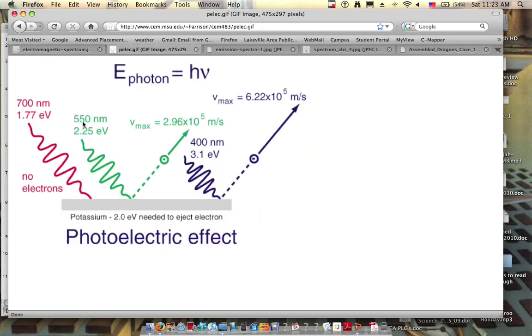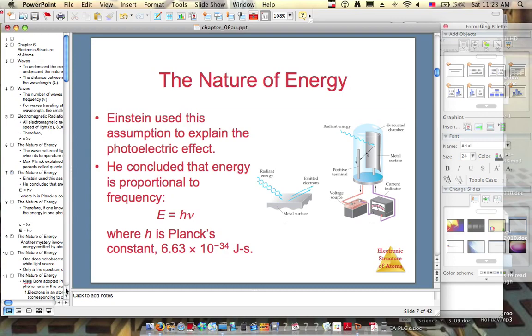And therefore that's why red light shone on this surface did not have enough energy to emit electrons, whereas green and blue did. And therefore the photoelectric effect depended on the frequency of the light or of the radiation that's shone on it.